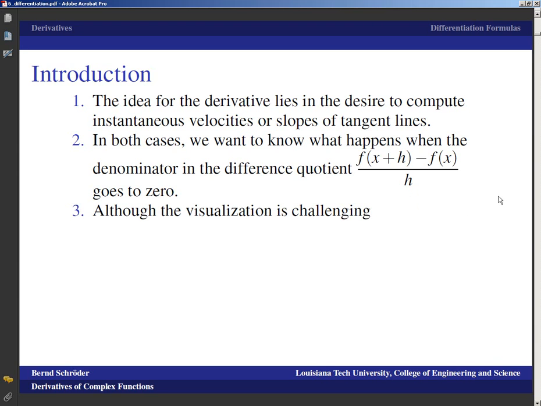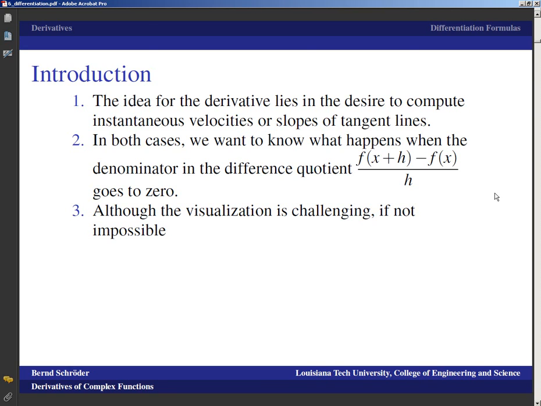Now, for complex functions, the visualization is challenging, if I want to say that charitably. For me personally, it's actually impossible because I can't visualize a four-dimensional graph. Remember, two input dimensions, two output dimensions, and then some kind of tangent.